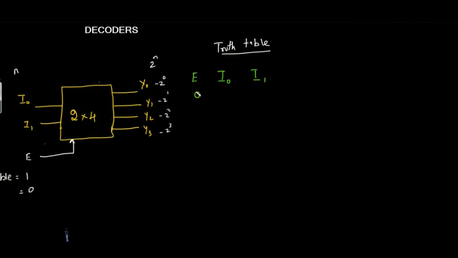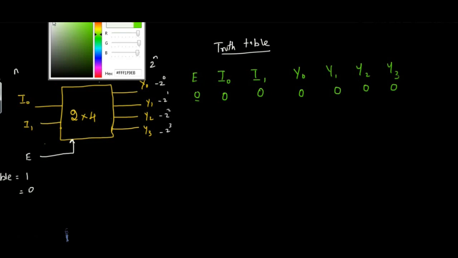If the enable is kept 0, irrespective of the inputs, the output will be 0 because the decoder will not be working. So 0, 0. The outputs we have are Y0, Y1, Y2 and Y3. Since the enable is kept 0, you won't have any output. So this is case 1.